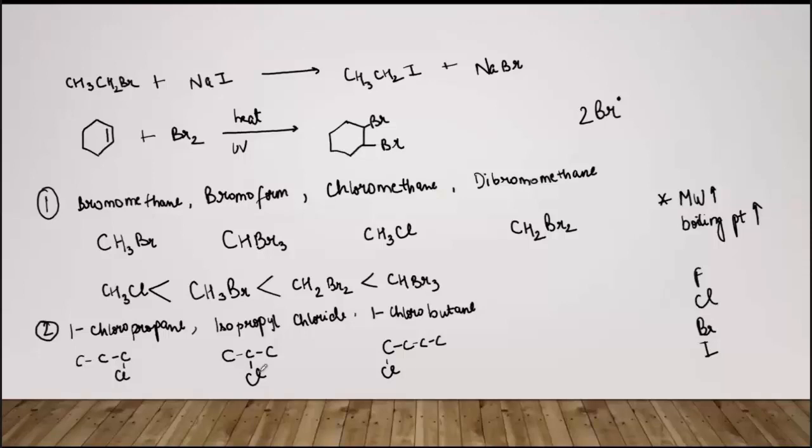Now we also know that the boiling point decreases with the increase in the branching. ठीक है, तो इन द सेकेंड केस वी सी दैट द ब्रांचिंग बढ़ गया है ना, मतलब Cl जो है यहाँ पे आ गया है, पहले जो था वो स्ट्रेट चेन था, अभी the branching has increased and Cl is over here attached to the second carbon.